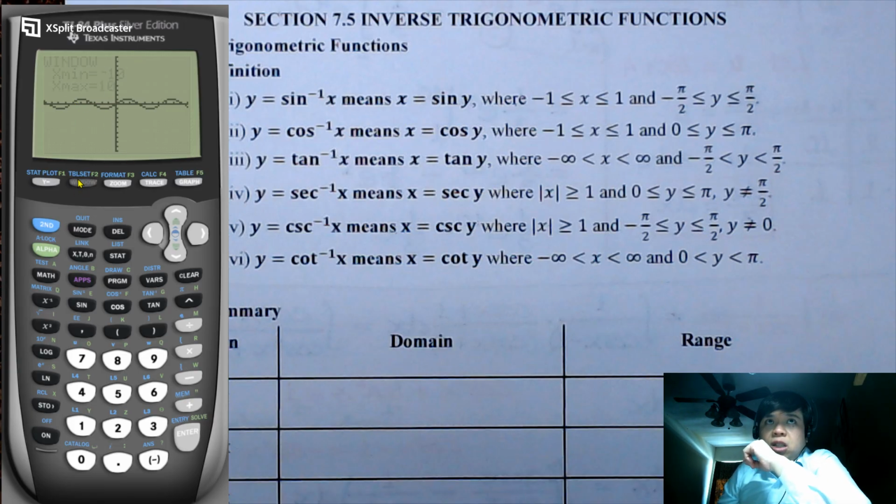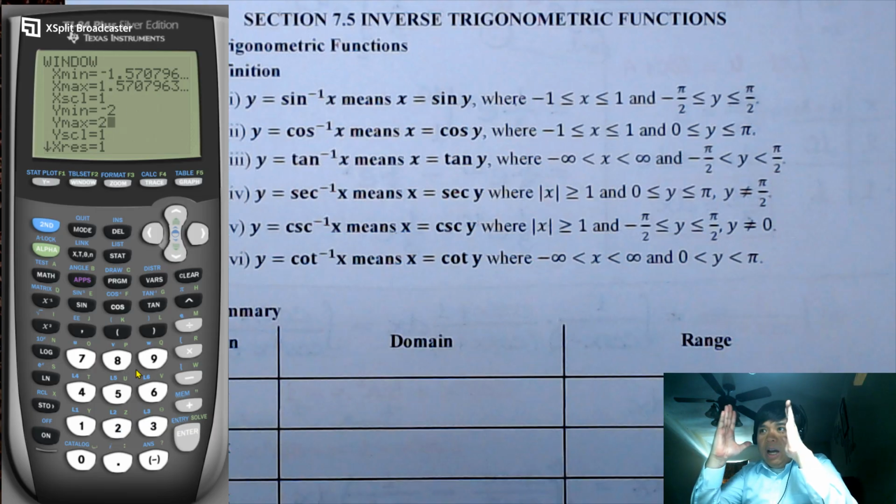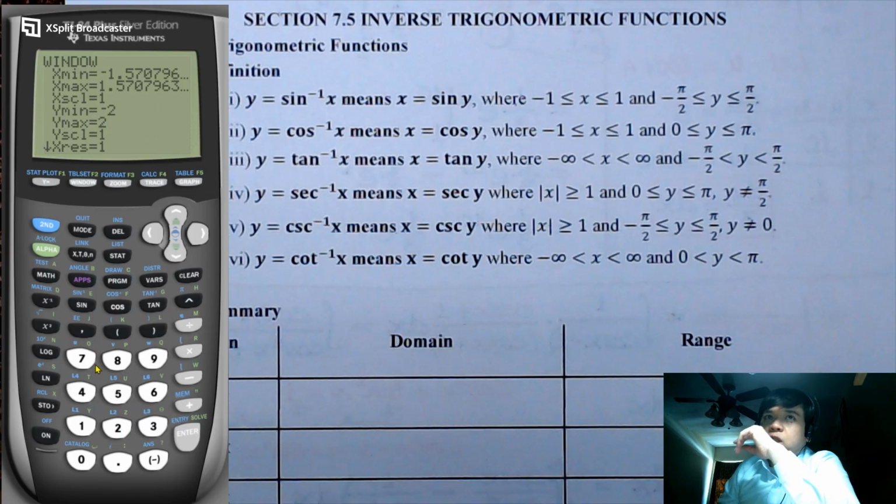So in that case, in particular, I could say x from negative pi over 2 to pi over 2. Let me change the window. So I will restrict the domain for x to be negative pi over 2 to pi over 2.